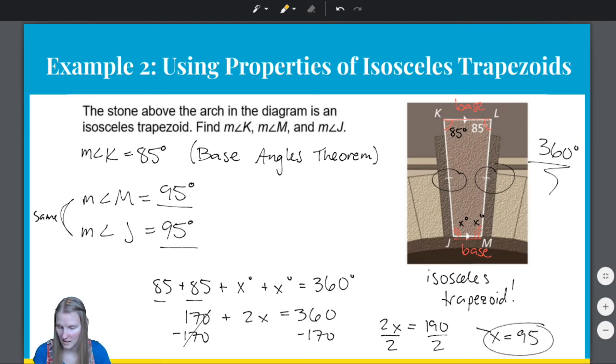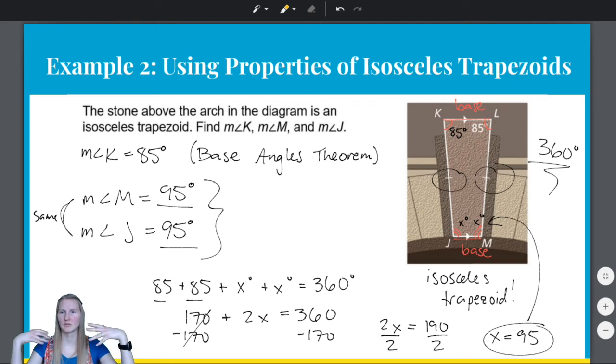And then, x was angle M and angle J, so those are 95 degrees. That might be an easier way to see it. The other way we did it was kind of like, we did it all in our head and just did a little bit of the arithmetic on the paper.